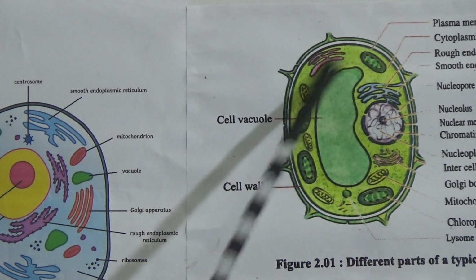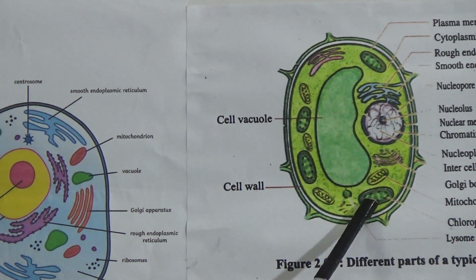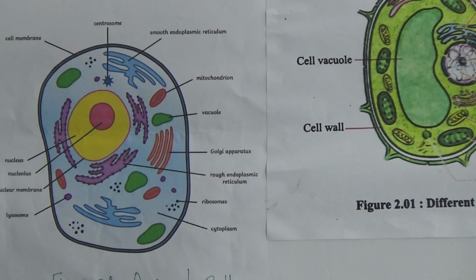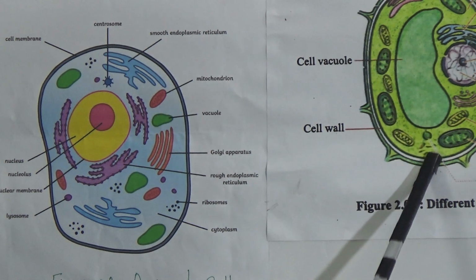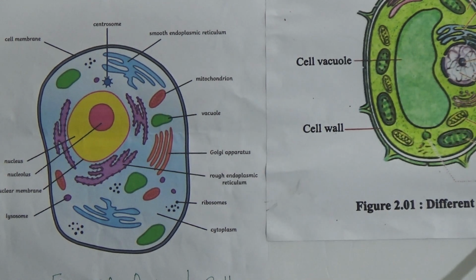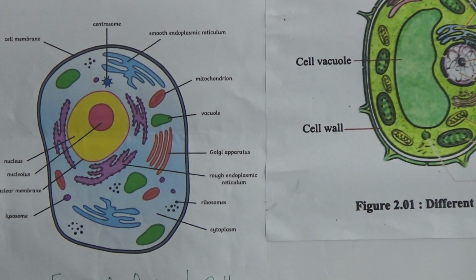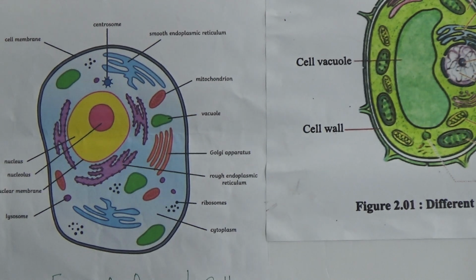And also in the plant cell you find chloroplast, but in the animal cell you never find any chloroplast. And also you find lysosome here, but in the plant cell you do not find any kind of lysosome. Lysosome helps the animal cell to break down protein.